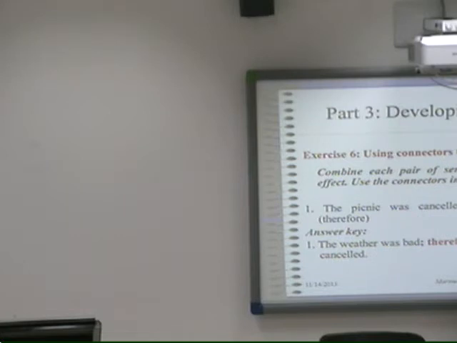The third one, right? Many farmers moved to California. The Great Depression was devastating.